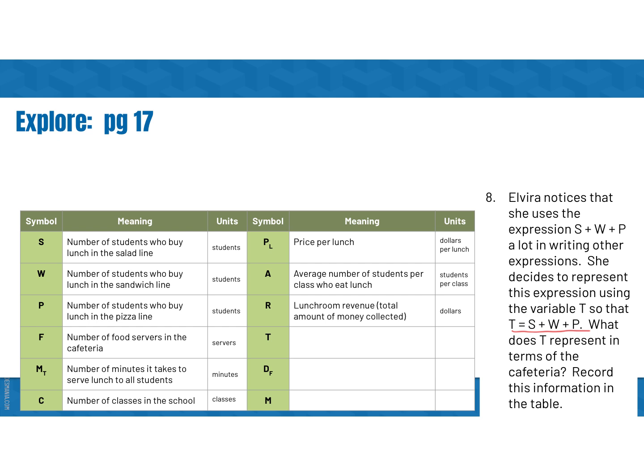All right, so if we have S as students who have a salad, W is the students who have a sandwich, P is the students who have the pizza. There's only 3 lines. So T is actually the total number of students who eat lunch.